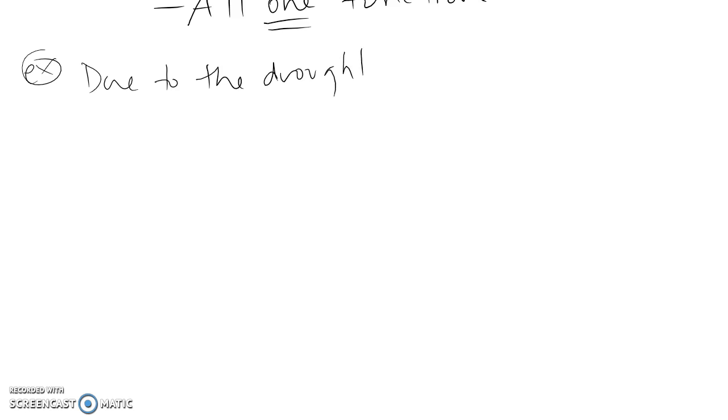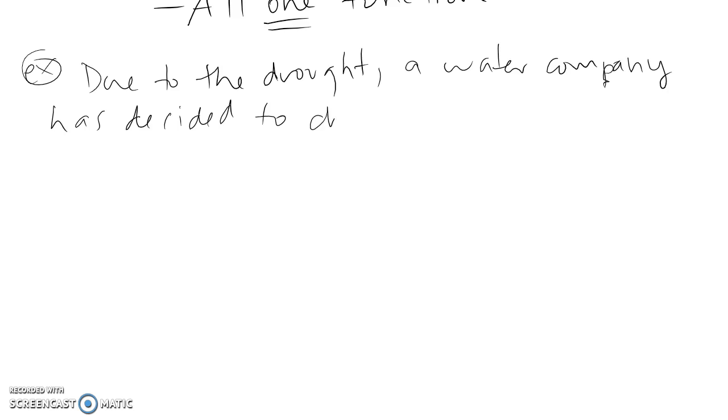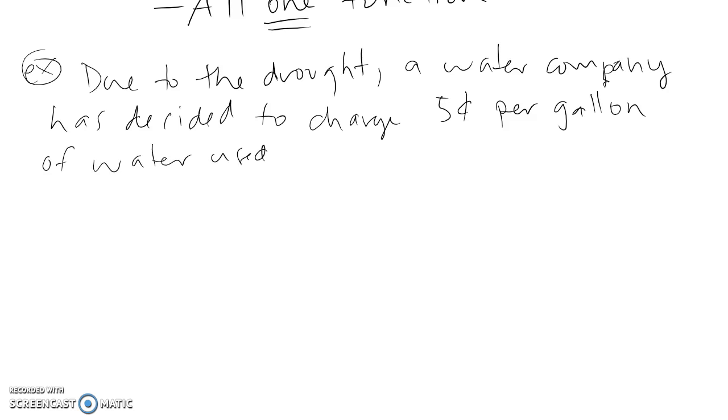Due to the drought, a water company, and this is not truthful, I made this up, has decided to charge 5 cents per gallon of water used in a month up to and including 500 gallons.